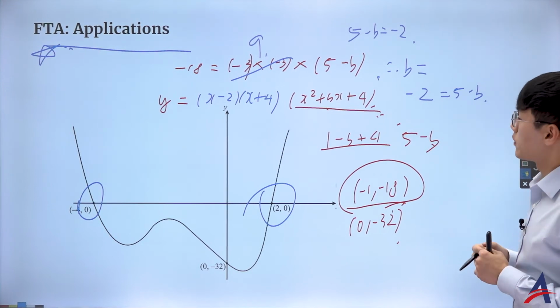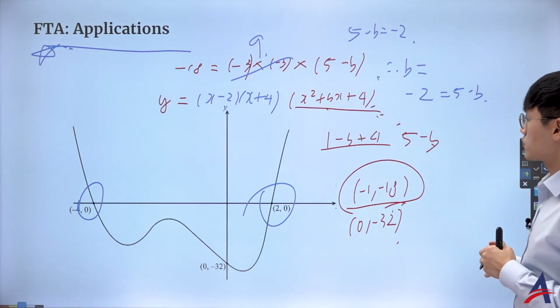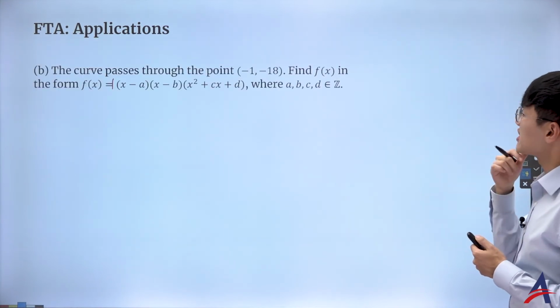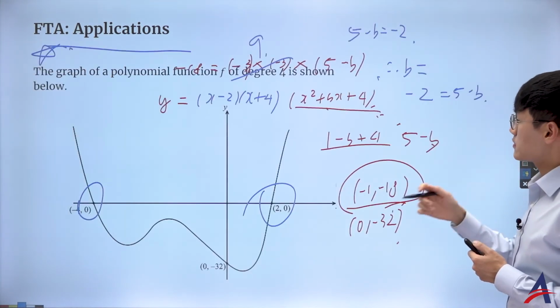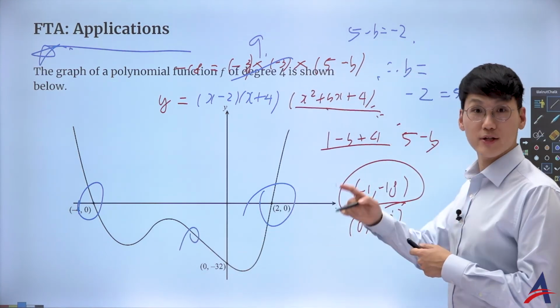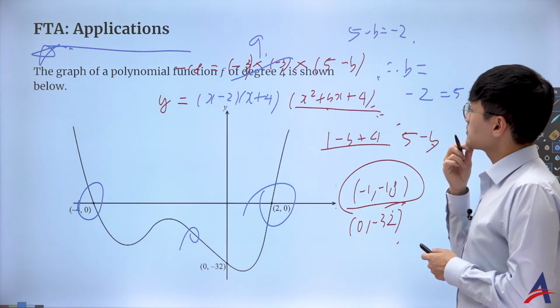B must be 7. I don't want that. I think I must have done something wrong. Let me see the passing point again. Negative 1, negative 18. Where have I done wrong? Can you please point it out for me?